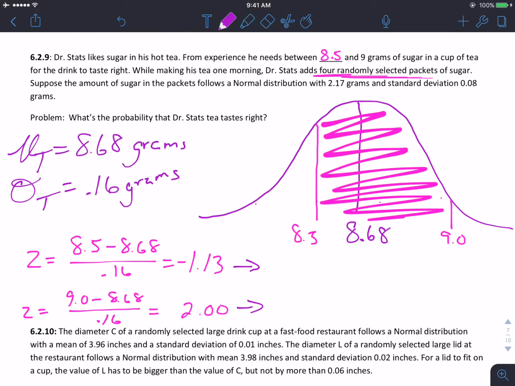The probability of a z-score of 2 is 0.9772, and the z-score of negative 1.13. Since I want the area in between, I can subtract them.